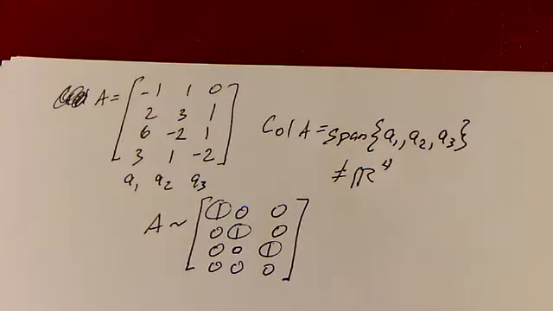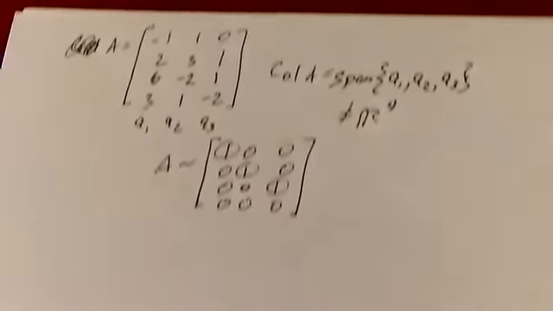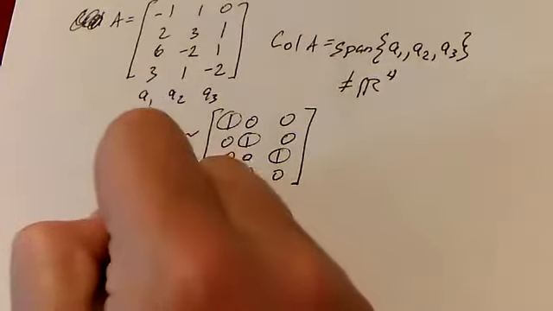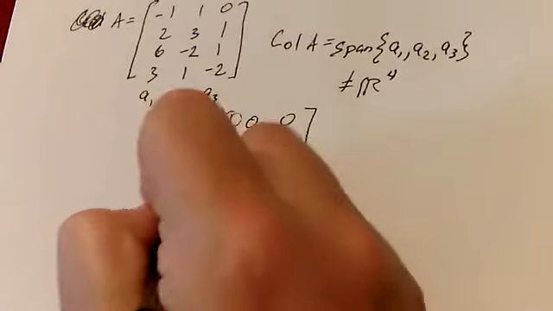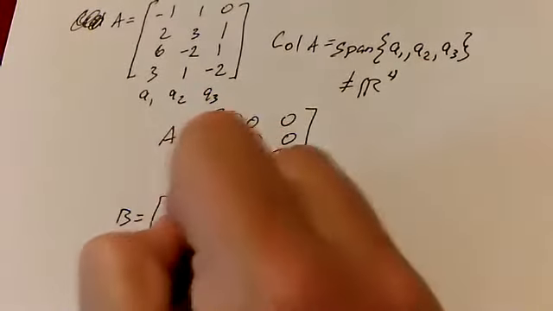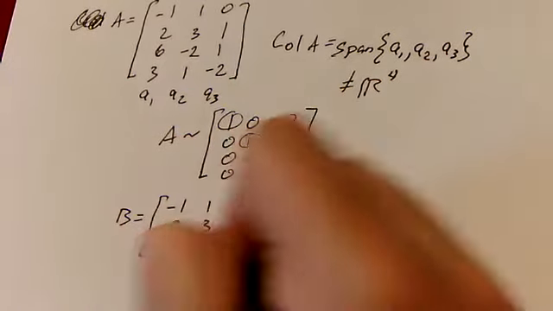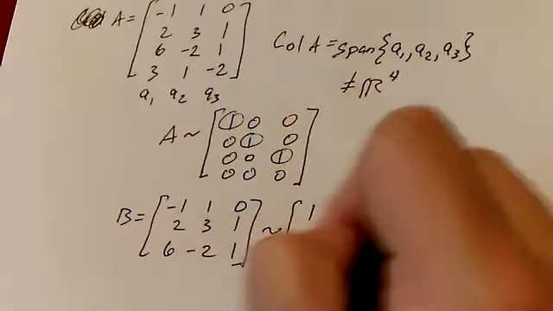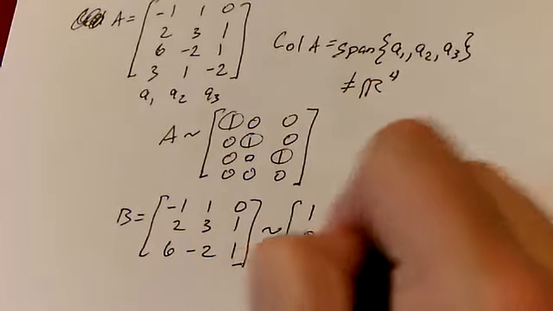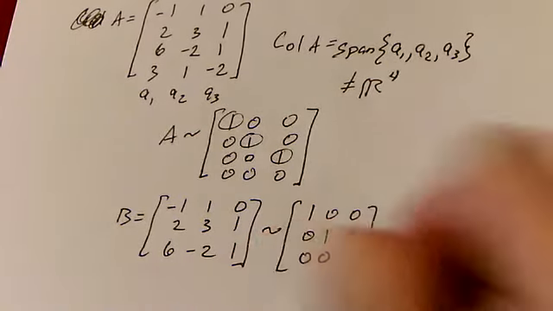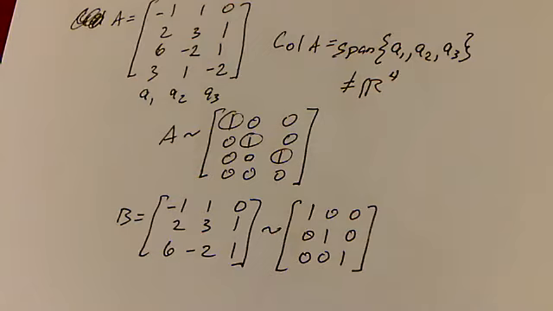If I take a similar matrix where I just chop off a piece, so I take B, and B is just those first 3 rows. I know from the way that A row reduced that I'm going to get the identity here now in R3 because I don't have too many entries this time.